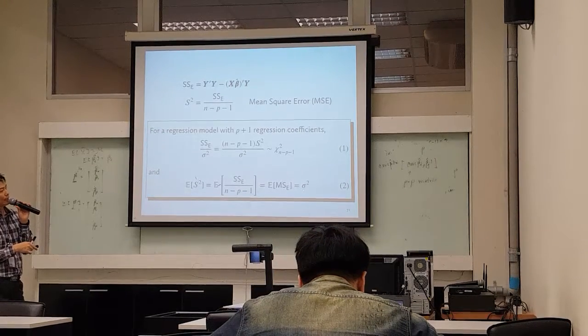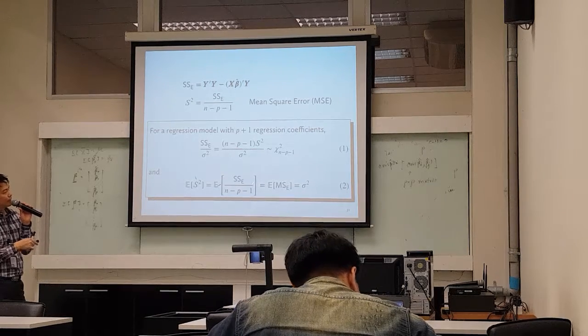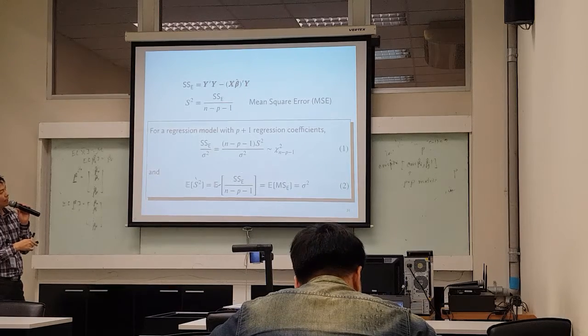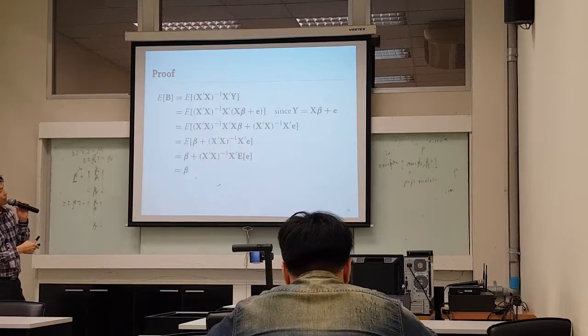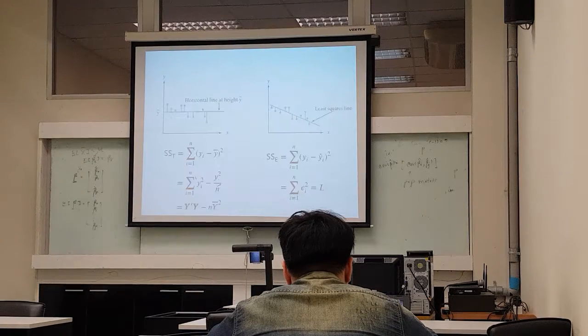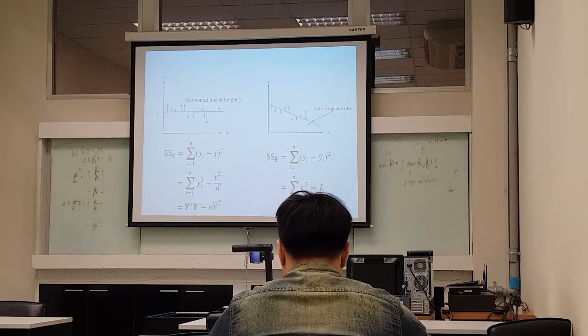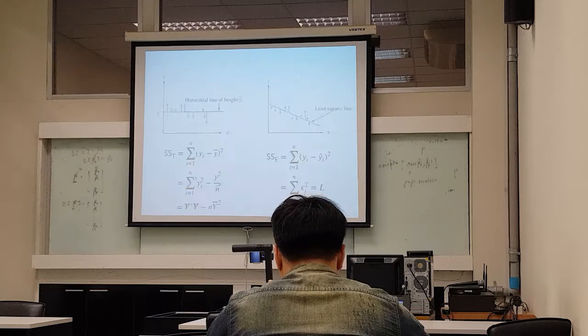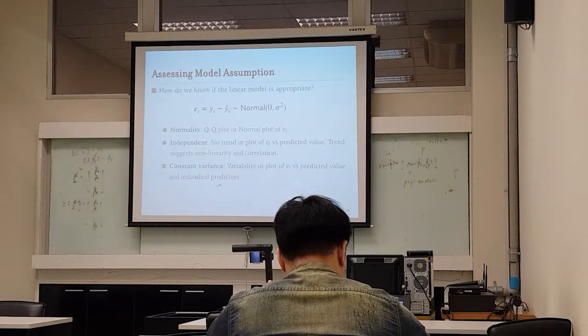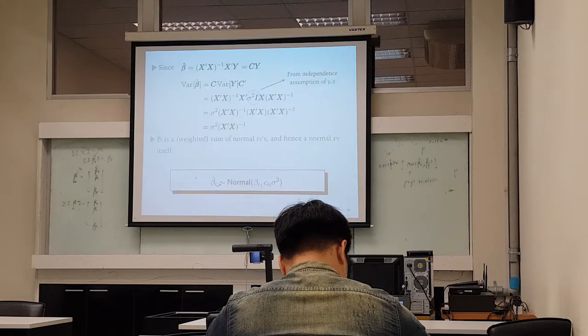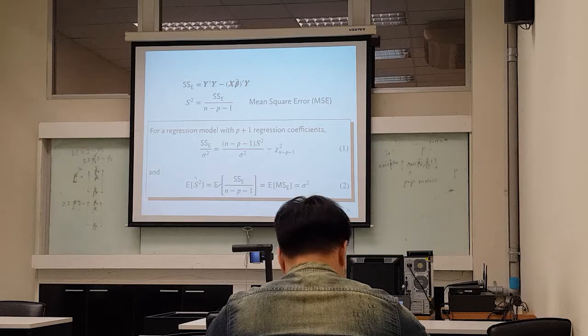So if you want to estimate the error variance sigma squared, you can take the sum of square error, SSE, which is y minus y hat squared. If you divide this term by n minus p minus 1, it will be the estimate of the error variance sigma squared. So these are the two key results.